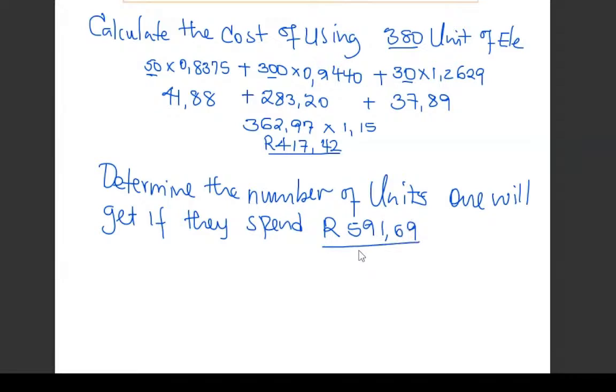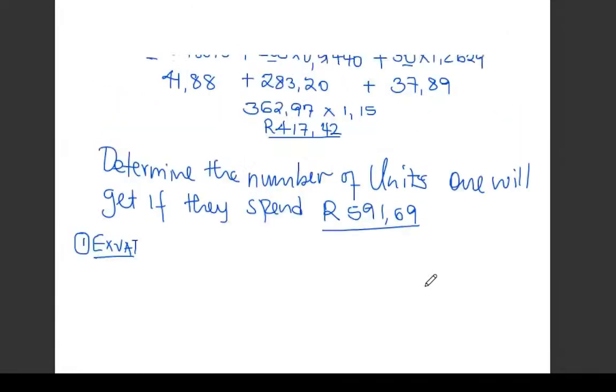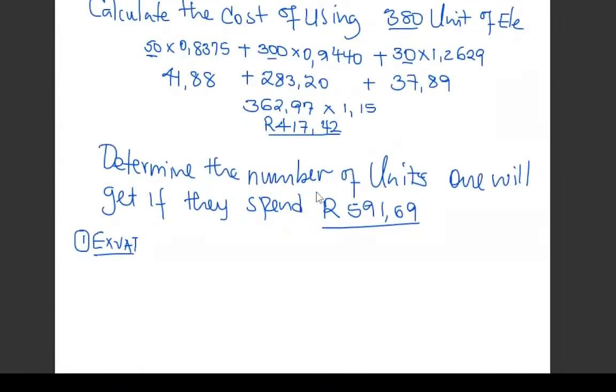First and foremost, if you have this much money, because the values you have in the table exclude VAT, the first thing you're going to do for me, please exclude VAT. Step number one, exclude VAT. Why am I excluding VAT? Because the cost I'm looking at, this one already includes VAT, while the cost in the table does not have VAT. So let me first exclude VAT from the money the person has.